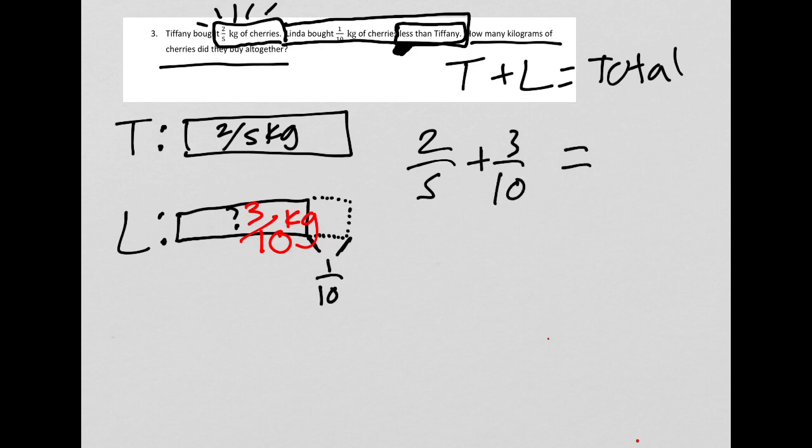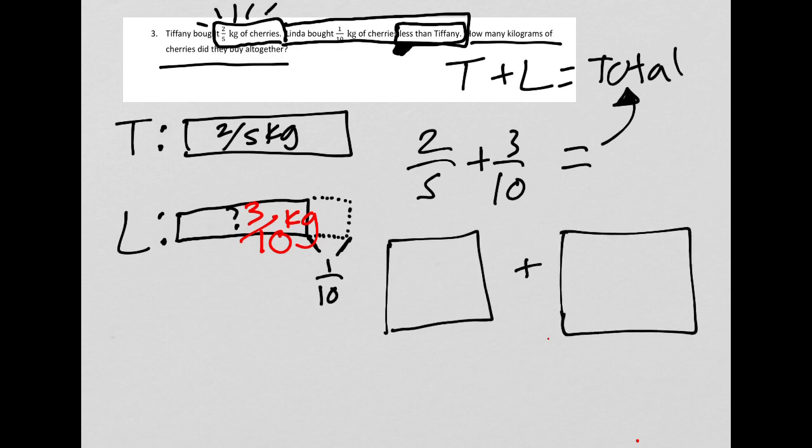And I need to figure out that is going to be my total. And I can find a common denominator with these. I can use my rectangular fraction model and figure this out. Again, it's 5 and 10ths. You might see an easier way of doing this too, and that's fine. You can do it that way. I'm going to continue doing it with rectangular fraction models though, so I can be consistent with you.